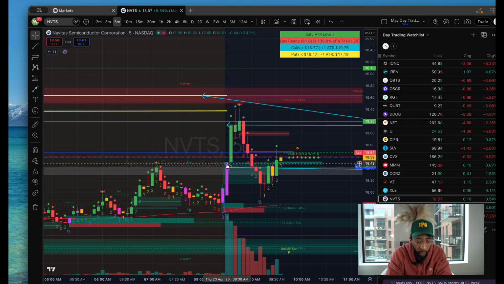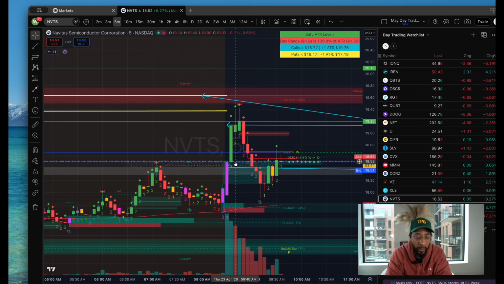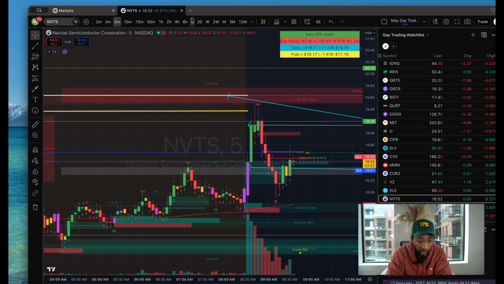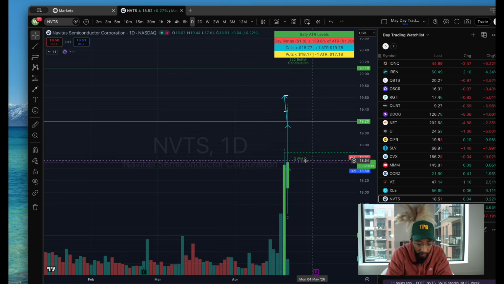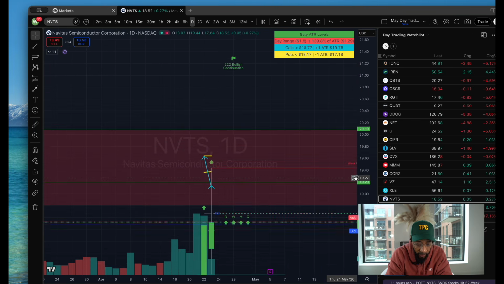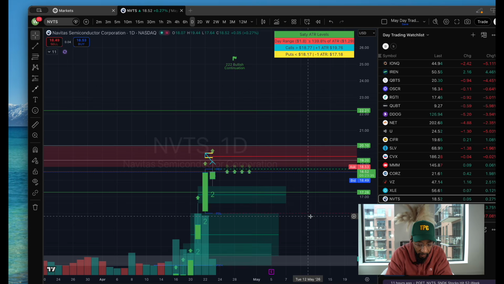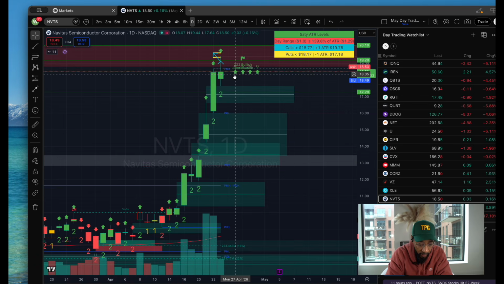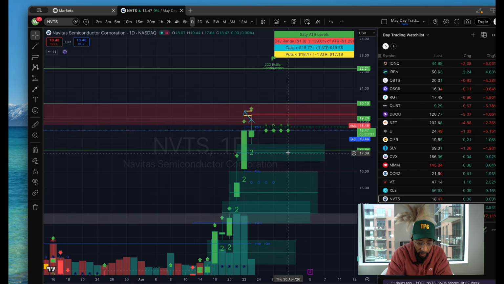So after this 3-bar closed out the first 5 minutes, I was like, cool. So I put a little bag in there, threw a nice little size in here because I was very confident in it. And if you look at the daily time frame, we were already in this crazy uptrend right here, so I was pretty bullish on it.